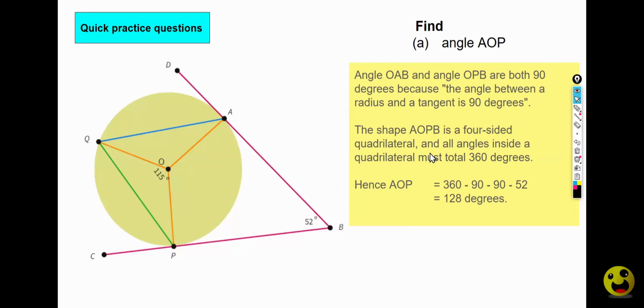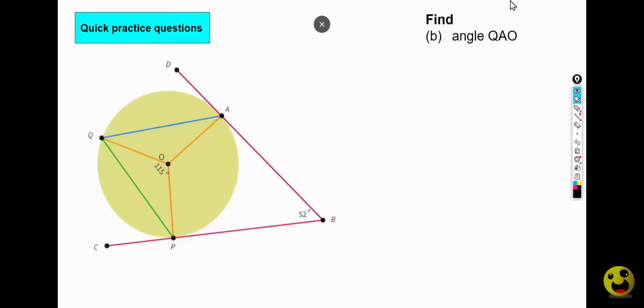Now remember for part A, I got how many degrees? 128. I know here's 90 degrees and I know here's 90 degrees. So I'll fill it in. Who knows? That could come in handy. And we know this angle is 115, that was given to us.